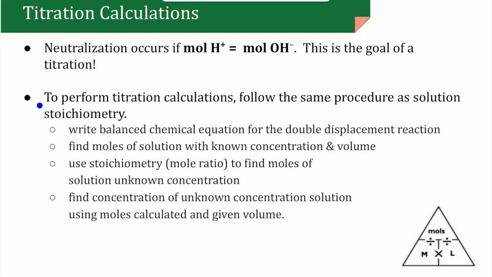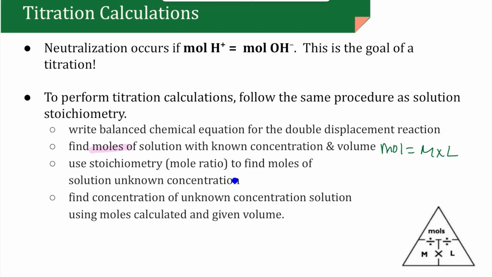If we're going to do titration calculations, we're going to follow the same procedure as solution stoichiometry, writing a balanced equation. Then we have some solution that we know the concentration and volume of after the titration is complete. We can find how many moles of that solution we have, because moles is equal to molarity times liters. Once we have those moles, we can use our stoichiometry, that mole ratio, to find how many moles of the unknown concentration solution we have.